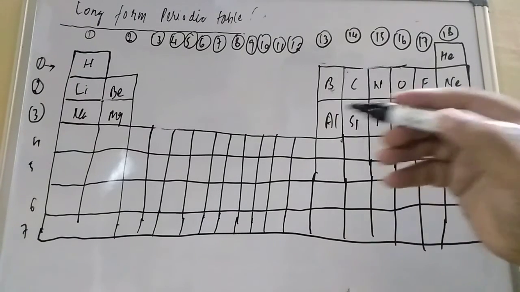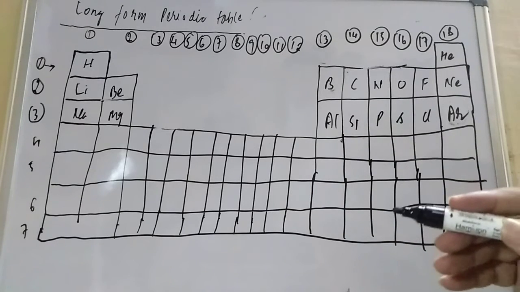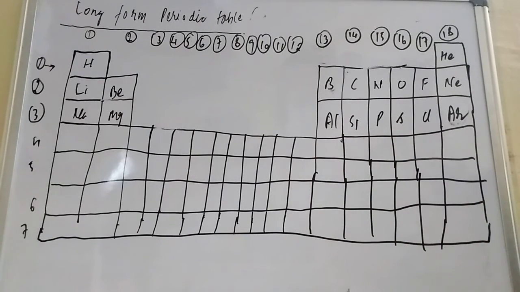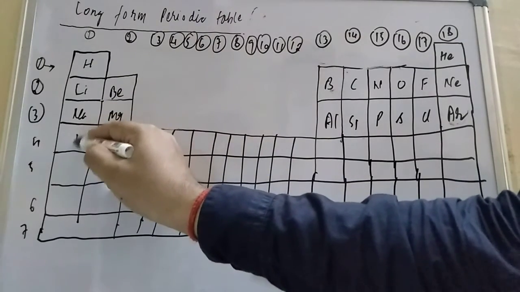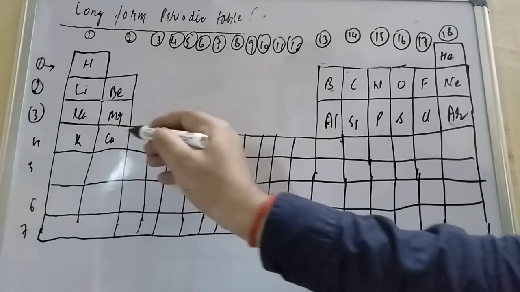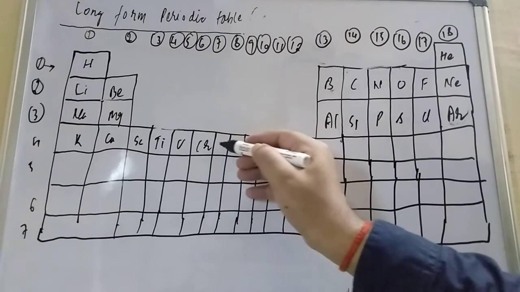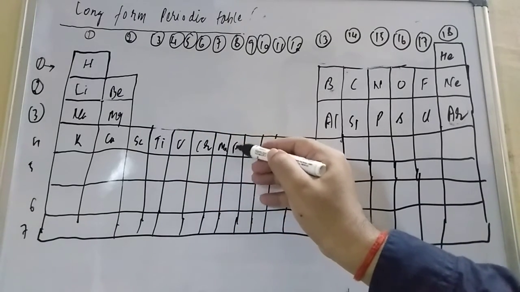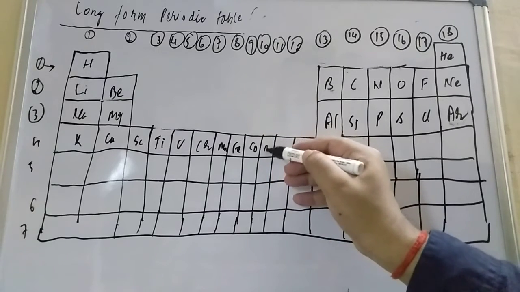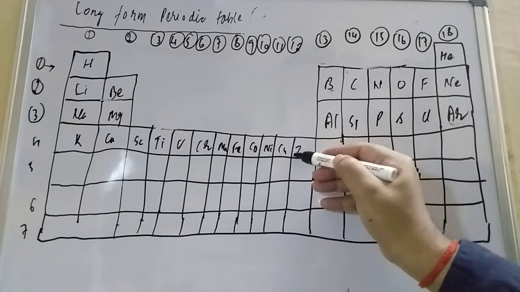This is period number 4 and 5. I told you both have 18 elements each. In the 4th period, there is potassium, calcium, scandium, titanium, vanadium, chromium, manganese, iron, cobalt, nickel, copper, zinc.